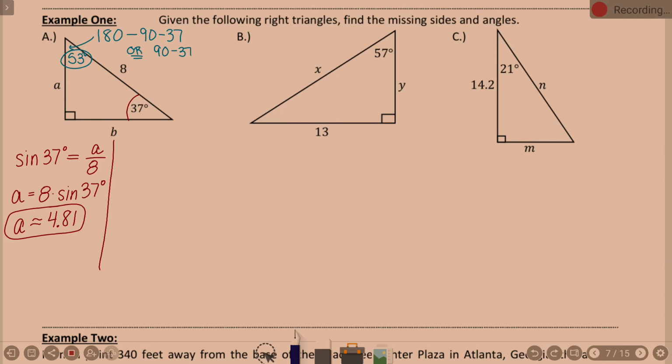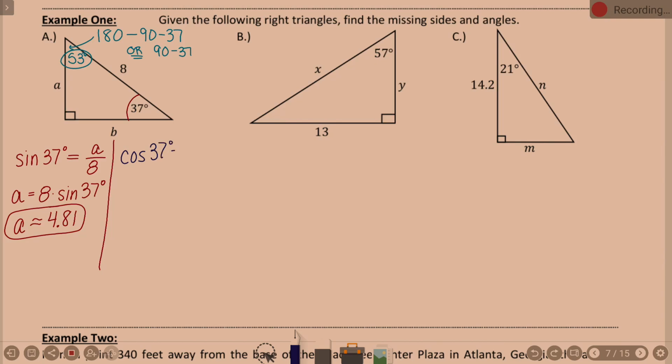Okay. So if we stick with 37 degrees, B is the adjacent side, isn't it? I'm still going to use my hypotenuse of 8 because that's the nice, neat whole number I know. So if we're trying to find adjacent and we know hypotenuse, what trig function connects adjacent and hypotenuse? That is cosine.